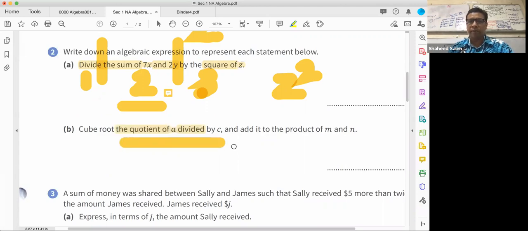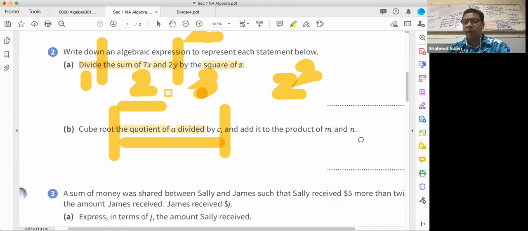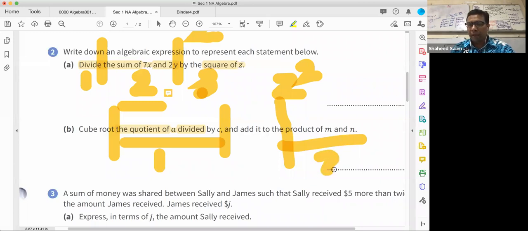Down here is another part. This one, you have another part. Product of M and N, another part. So there's 1 part, 2 parts, 3 parts, 4 parts.